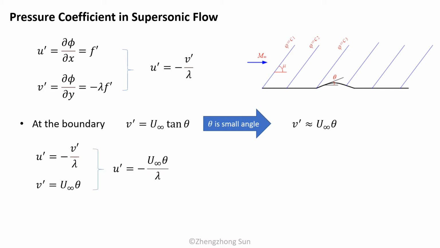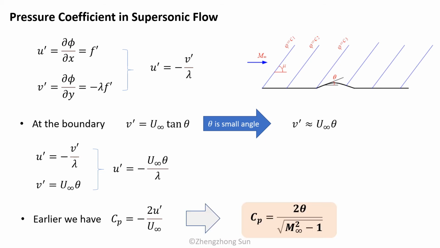We can combine the two. We know u prime equals minus U infinity times theta divided by lambda. In the earlier lecture, we derived Cp is minus 2 u prime divided by U infinity.